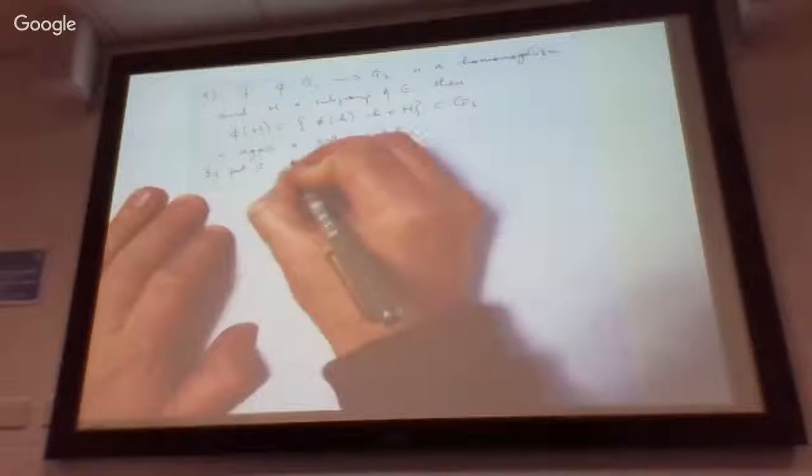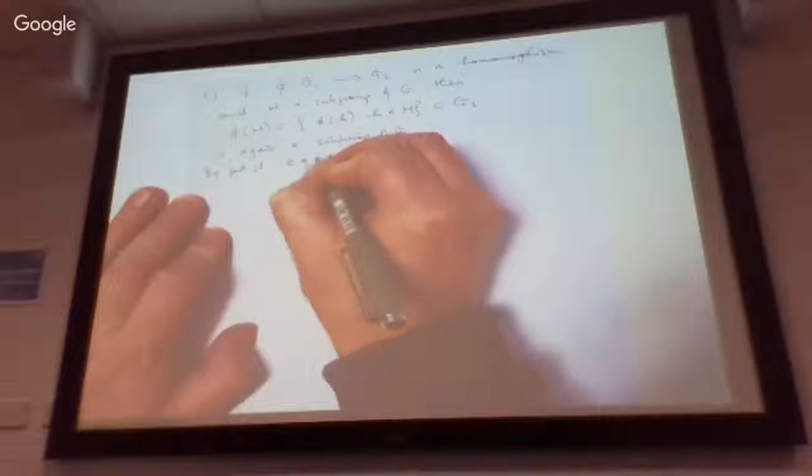So by part two, or by part one, E is an element of phi of H. The identity is certainly in H, in subgroup H in G1, and when you map it across, phi of E is equal to E, the identity in G2. So that's certainly in phi of H. So phi of H contains the identity.